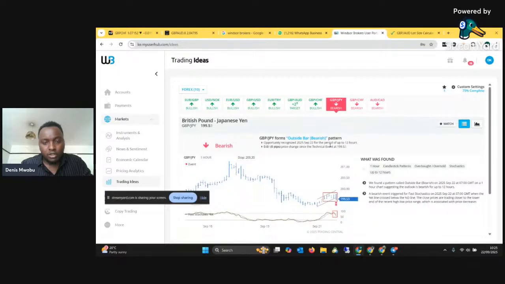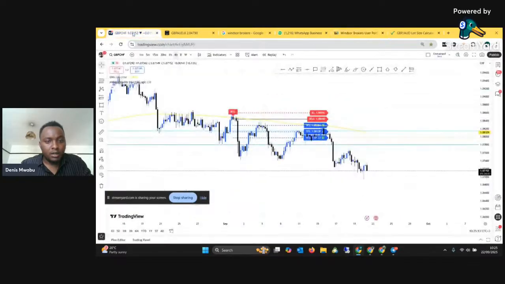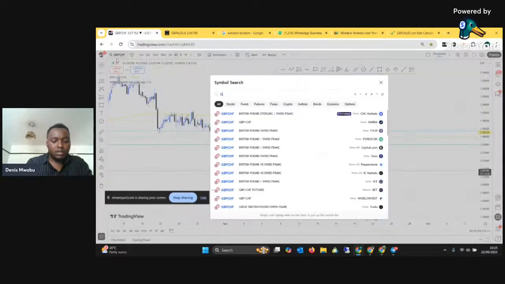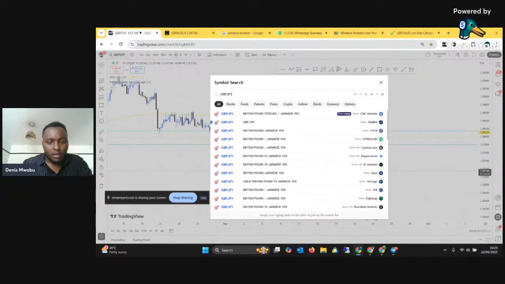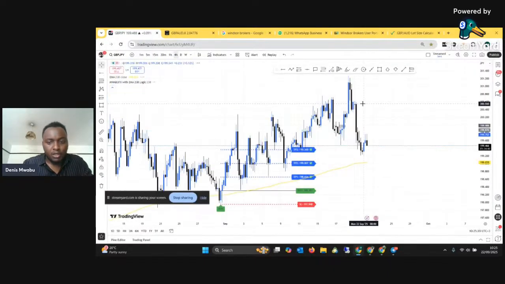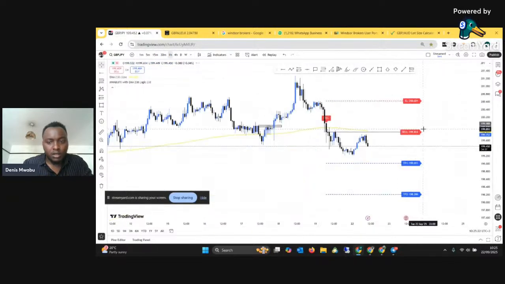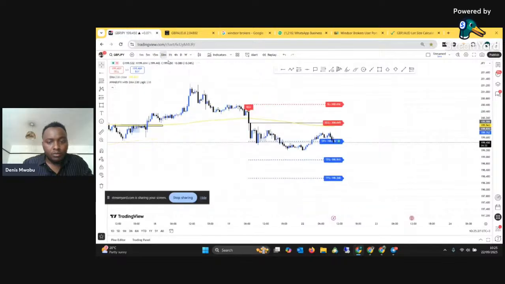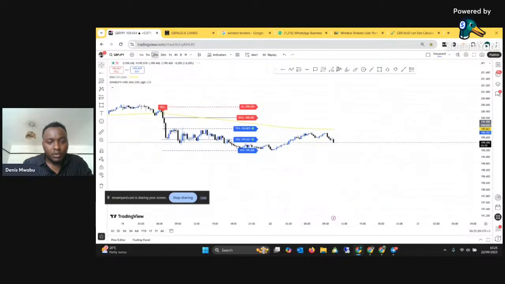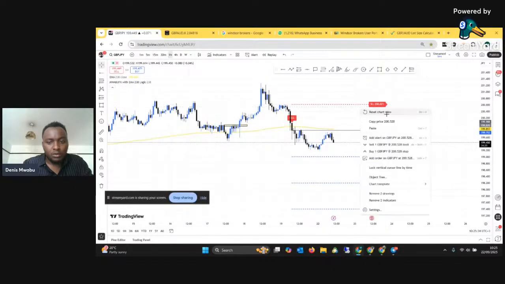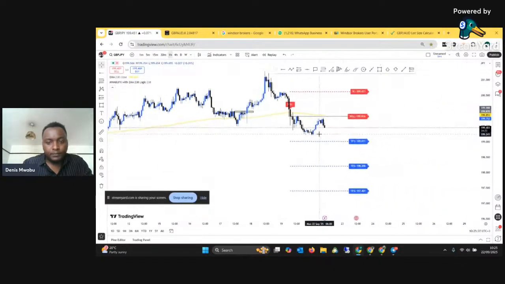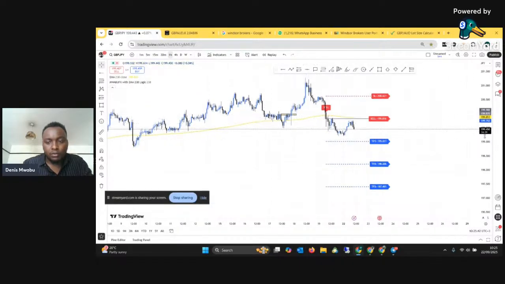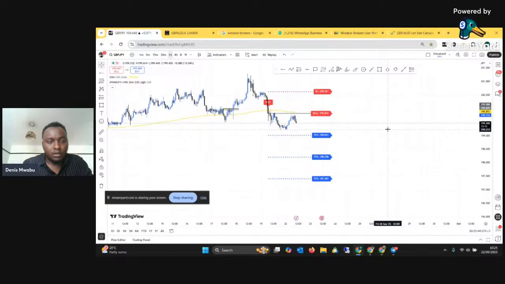All right, GJ is giving us a 1 hour sell. GBPJPY is giving us a 1 hour sell. We might be left by the train a little bit, but it has just come back to our point of interest, to our entry.